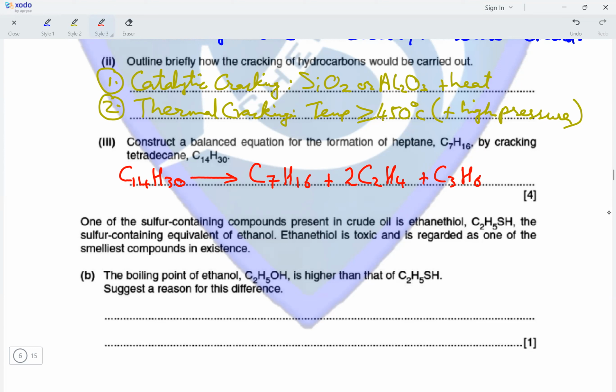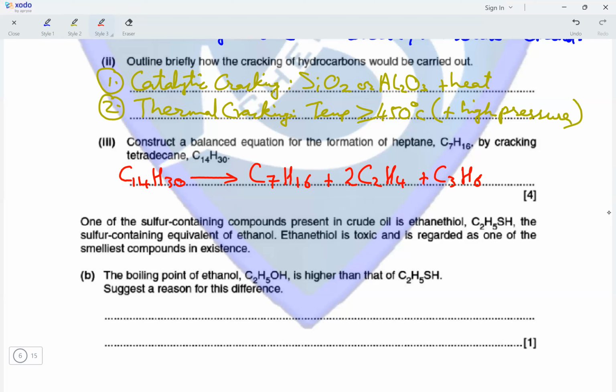The reason we cannot have 3 moles of C2H4 produced is that if we remove C2H4 from C3H6, we will be left with CH2, and CH2 does not exist. So it is not possible to create more of the useful products and then a hypothetical product. So we will have one molecule of C7H16, two molecules of ethene, and the leftover compound would be C3H6.